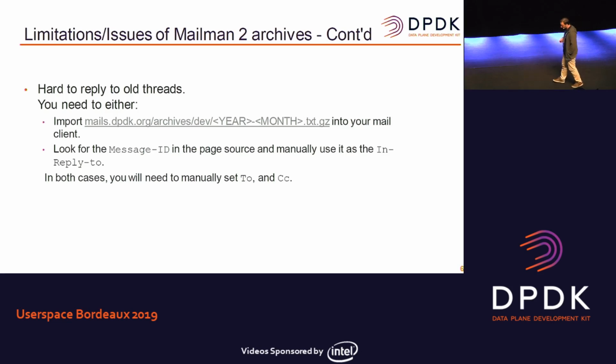After you import it into your mail client, you need to look through hundreds or thousands of messages in that month, find the message that you want to reply to, and reply to it. Or you can just find the message ID in the page source of the thread when you open it.